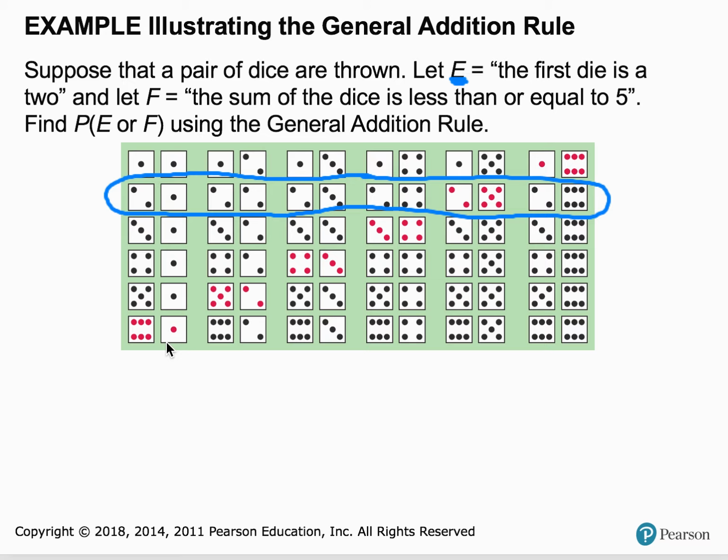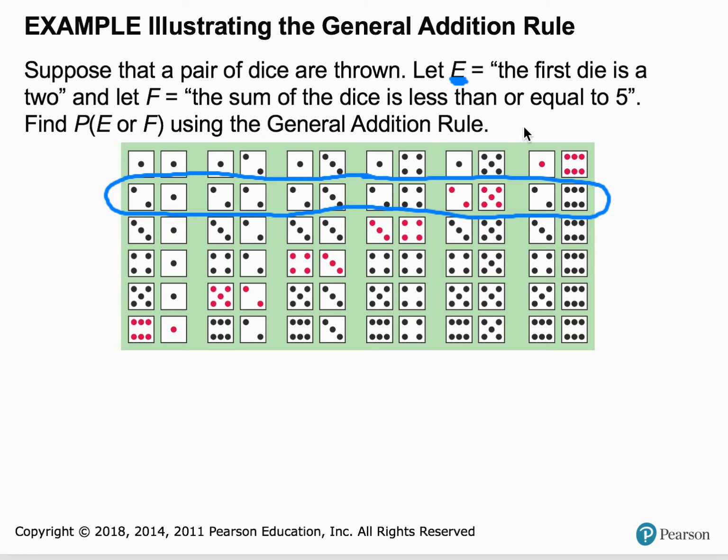And the reason these 2 options are different is think about this. What if one die were red and one were green? This is a 2 on the red one and a 1 on the green one. This is a 1 on the red one and a 2 on the green one. 2 totally different rolls.